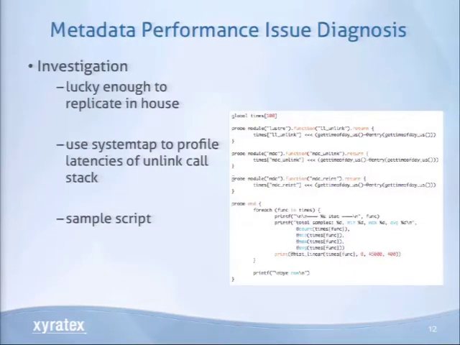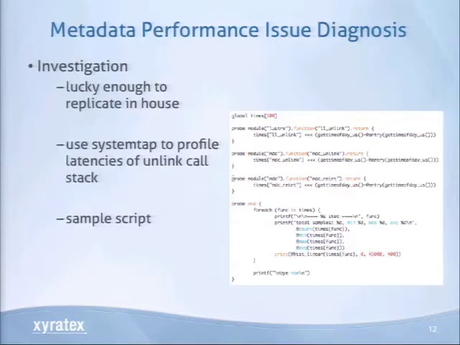So the first thing we tried was to replicate it, and luckily we replicated it in our own lab, and then we used SystemTap to profile the latencies of the unlink call stacks. To the right is an example script. It's very simple.